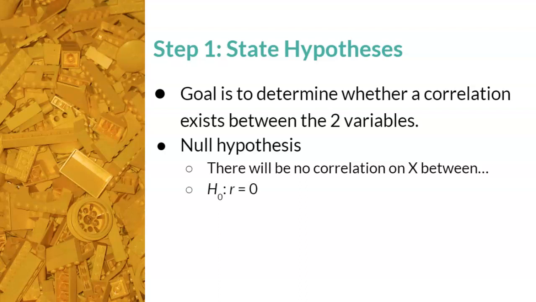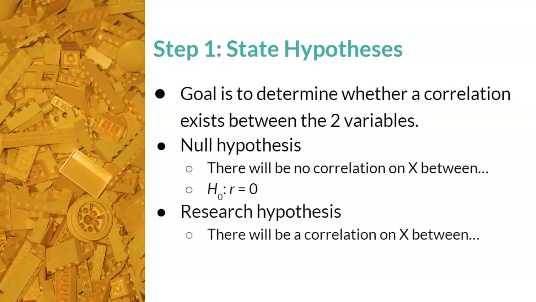Therefore, in notation, R equals 0. For the research hypothesis, we are predicting that there will be a correlation. And if there really is a relationship between the two variables, then R should not equal 0. The star here is to remind students that the wording and statistical notation will change for a hypothesis test with correlation.